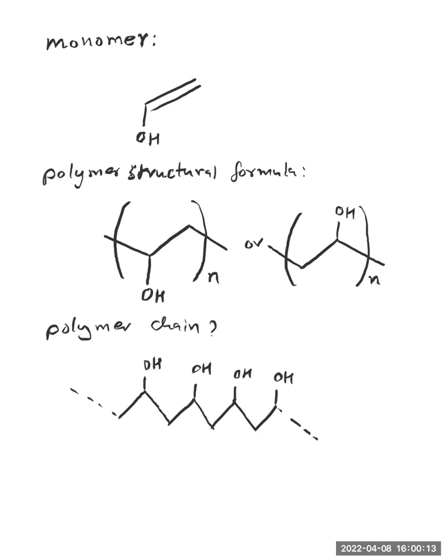Okay, let's do one last one. Now let's do polypropylene, which is another useful polymer found in binders and folders and stuff like that.